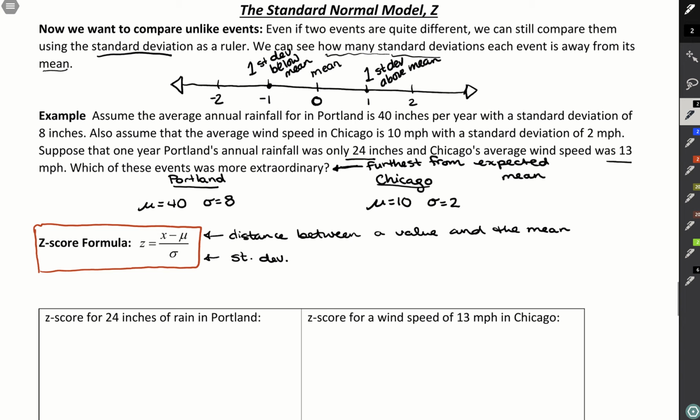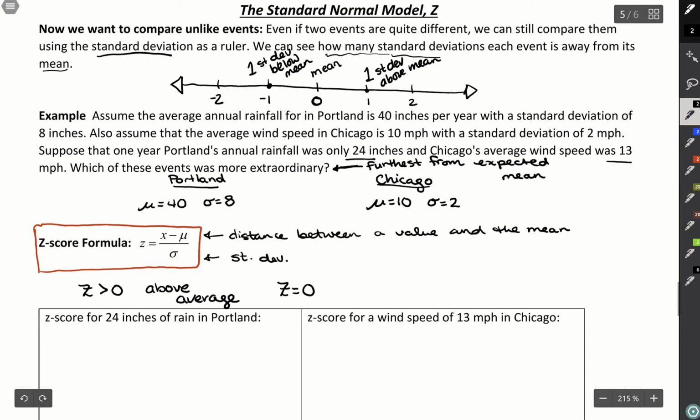If it's positive, that means x is big and the mean is small. So if our z-score is positive, we are above average. That value is larger than average. If it comes out to be exactly 0, so if we subtract our two numbers and get 0, that means our data value is exactly the same as the mean.